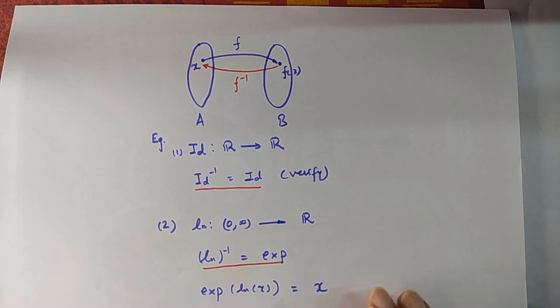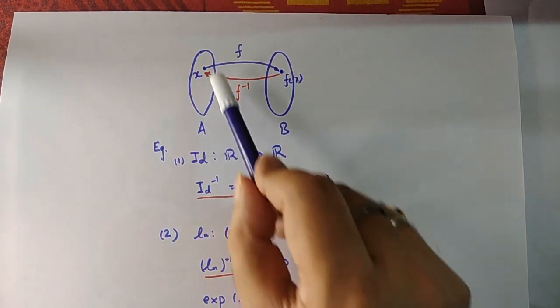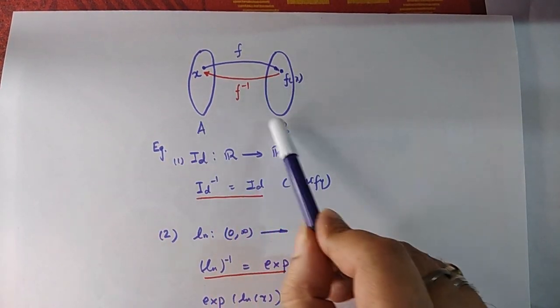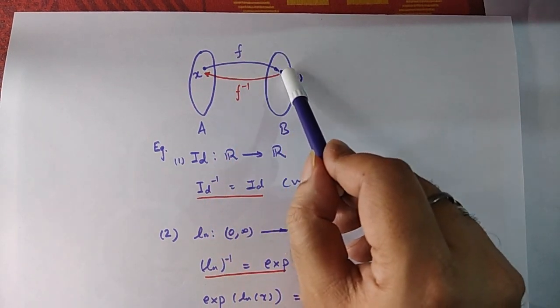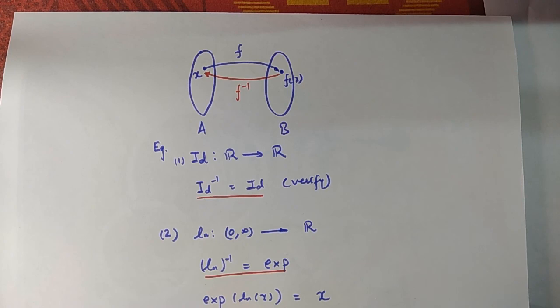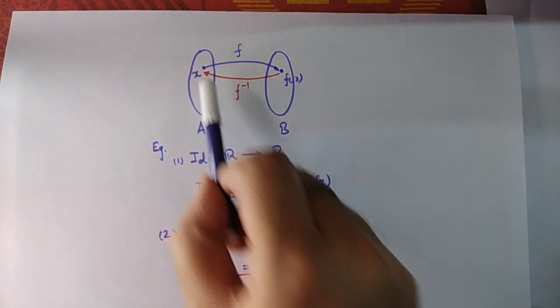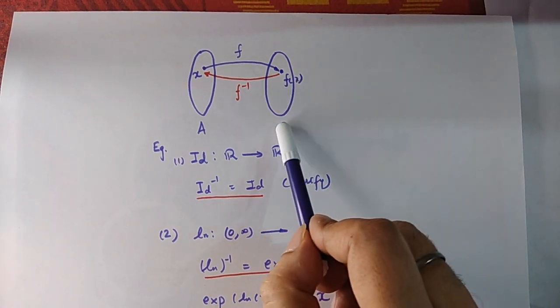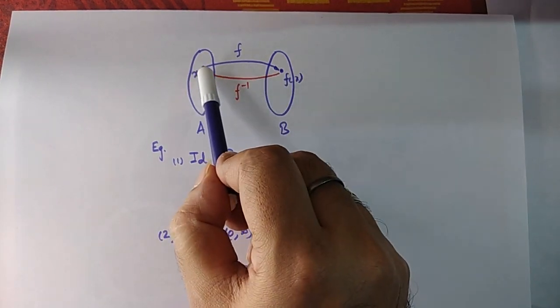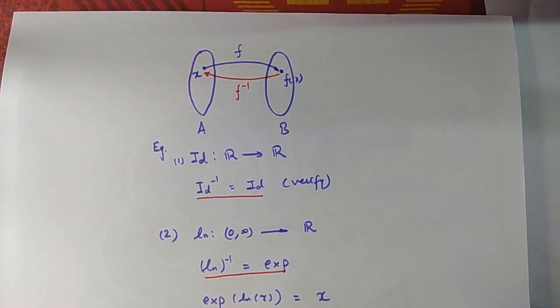Let us understand this visually. So f is a bijective function from A to B which maps the point x to the point f(x). Then the inverse of f will be a function from B to A such that the point f(x) in B will be mapped to the point x. So basically the inverse maps the image of a point x to x itself.